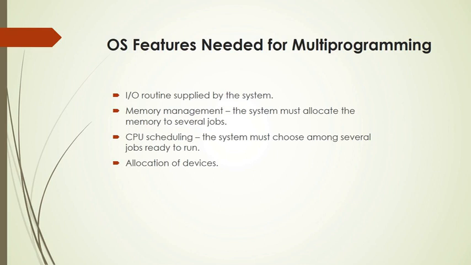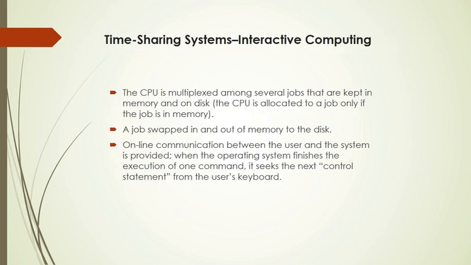For example, if job 1 and job 2 are requesting the keyboard, the allocation of the keyboard to job 1 or job 2 will be done by the operating system.